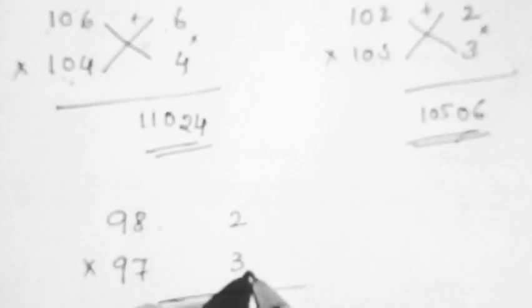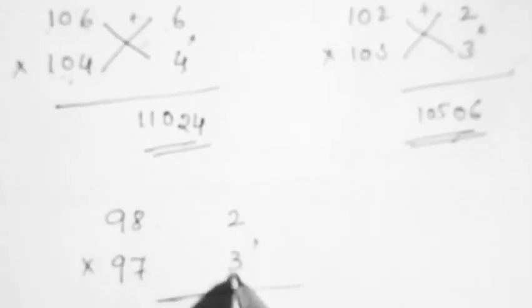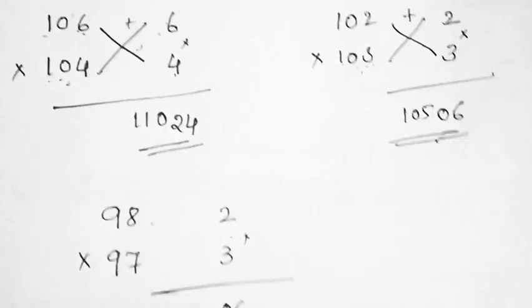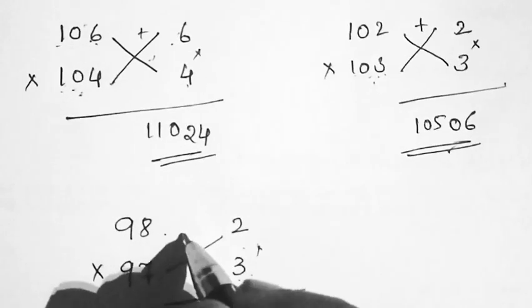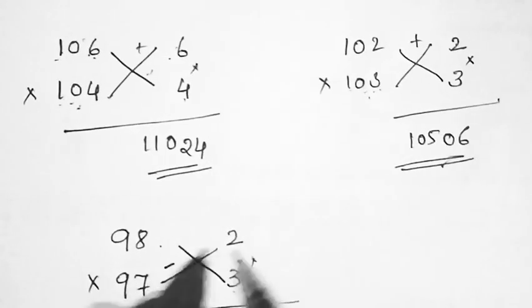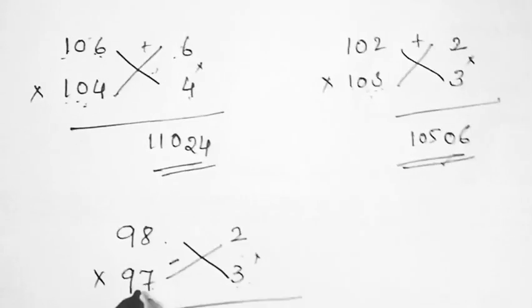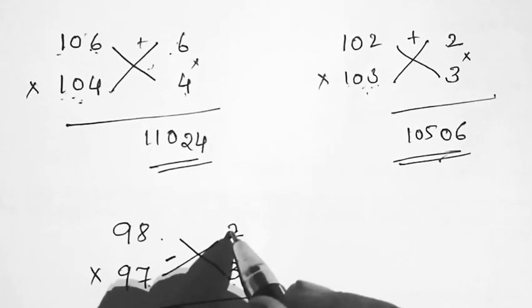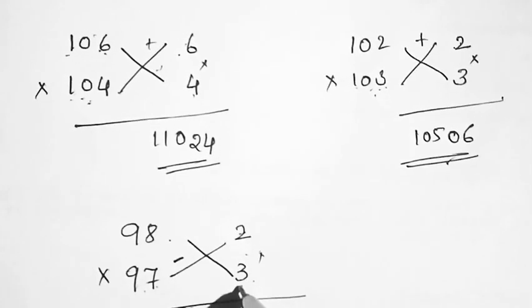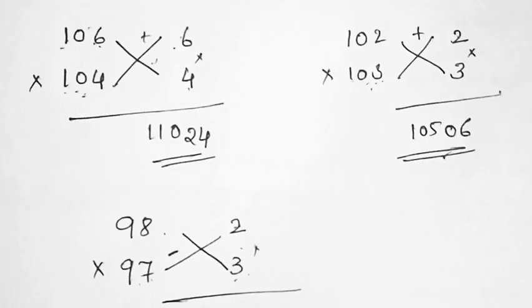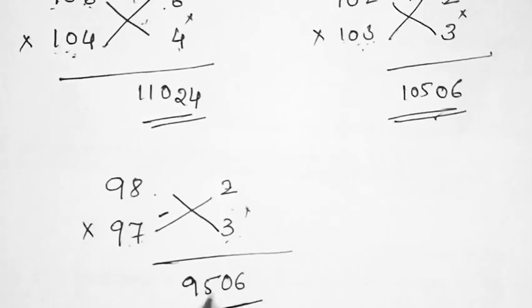If you multiply in between, it is 06, and here we have to subtract the numbers. 97 minus 2 and 98 minus 3, which is the same, 95. So the answer is 9506.